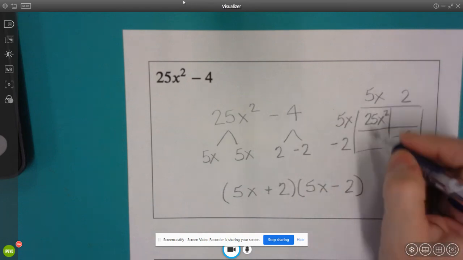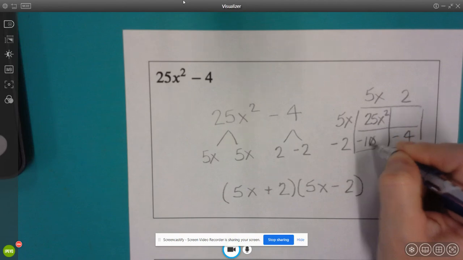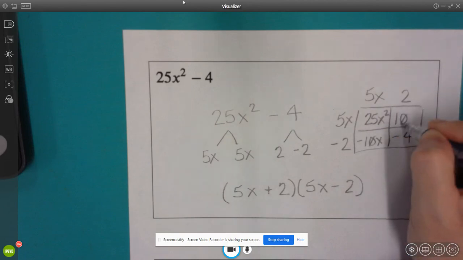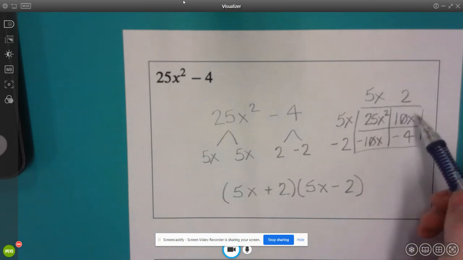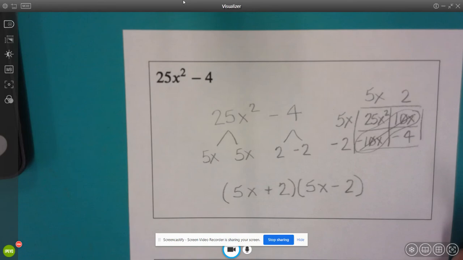The reason there's no b term is these corner boxes are identical, but they're the opposite sign of each other, so these actually create 0. So anytime it's a perfect square, you do not have to use the box method because I know that those two corner boxes will create 0.